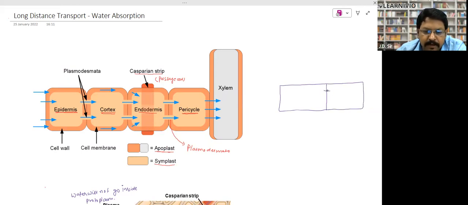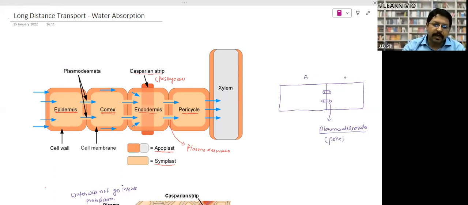Between two plant cells, there are some connections or pores. These are holes or pores. These pores connect the protoplasm of one cell to the protoplasm of another cell. We call them plasmodesmata. So plasmodesmata are a type of pore or interconnection through which a cell gets connected with another cell.